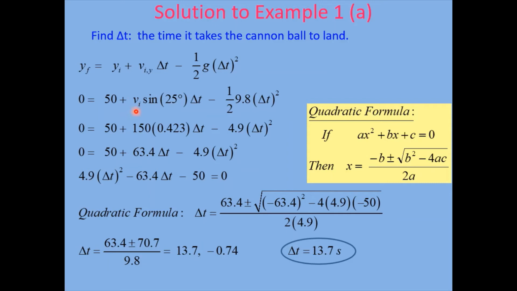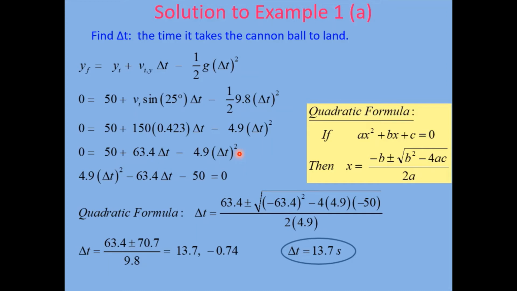We know the initial velocity of the cannonball is 150, and sine of 25 degrees, you have to do that on your calculator, is 0.423. And over here I have 1/2 times 9.8, which is 4.9. So this middle term here, 150 times 0.423, turns out to be 63.4. So here's what's left of our equation now with all of our numbers in it.